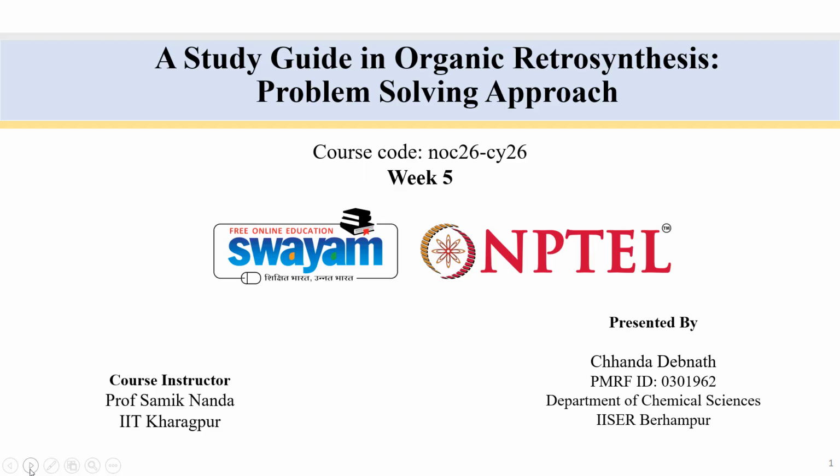I am the TA of this course that is named Study Guide in Organic Retrosynthesis and Problem Solving Approach. Currently I'm trying to give you an idea about different types of name reactions by which we can plan a retrosynthesis of any compound. We have a total of 12 classes.